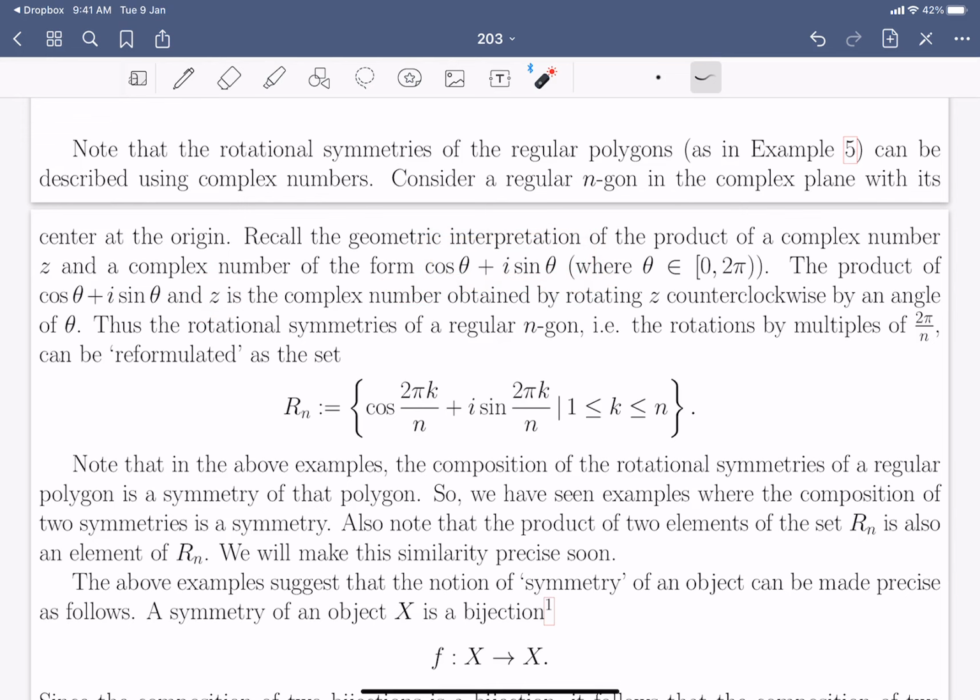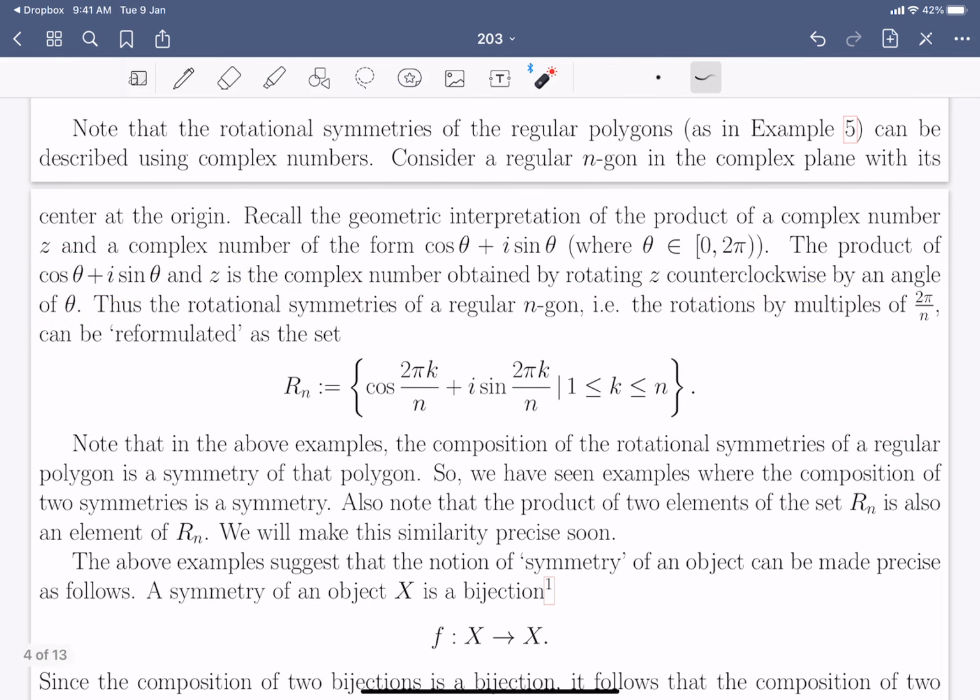Then the product z times (cos theta plus i sin theta) is precisely the complex number obtained from z by rotating it counterclockwise by an angle of theta. And thus the rotational symmetries of the regular n-gon can be thought of as the rotation corresponding to rotating by the angle 2 pi over n.